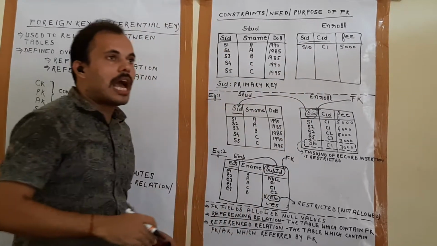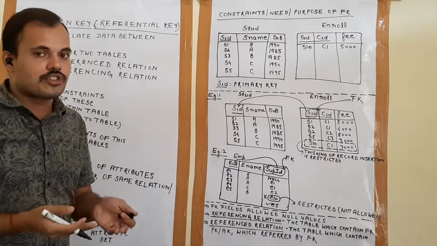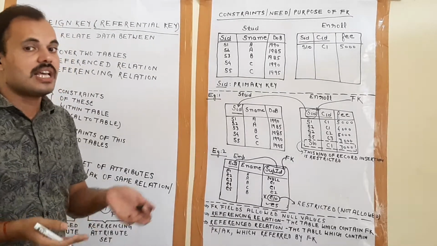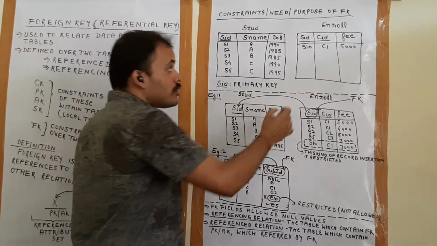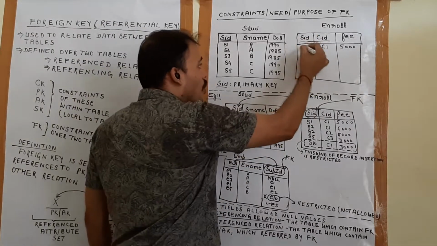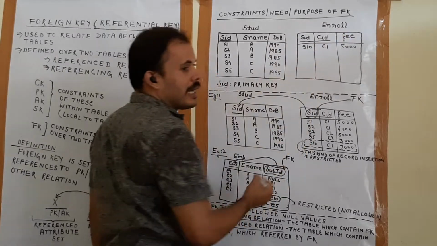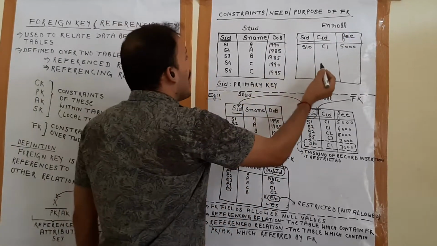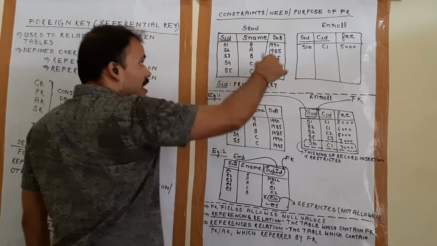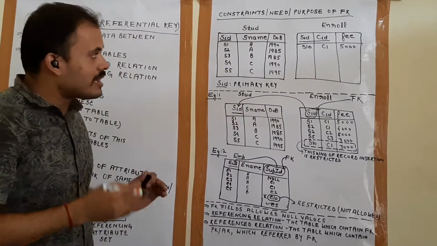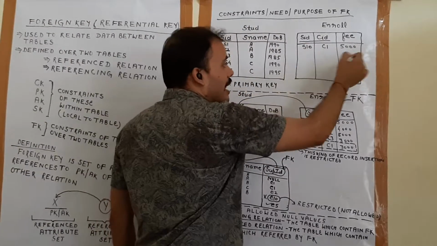We have to impose some constraints or restrictions so that only those SIDs belong to the enrollment table which belong to the student table. Only then will this data be correct.